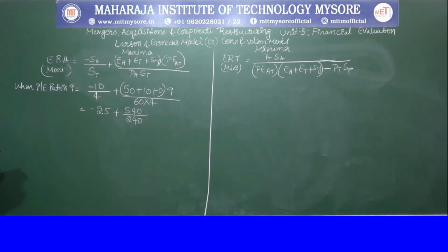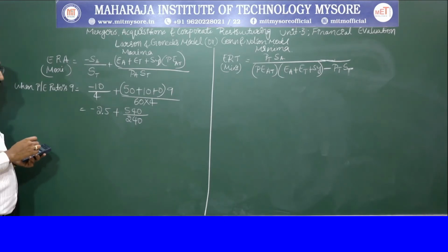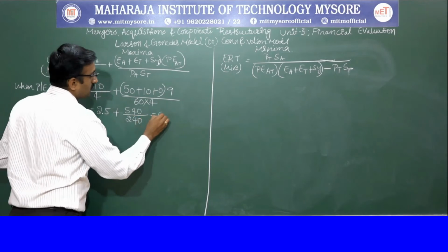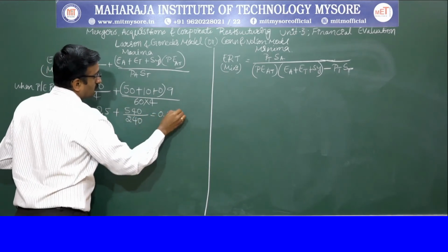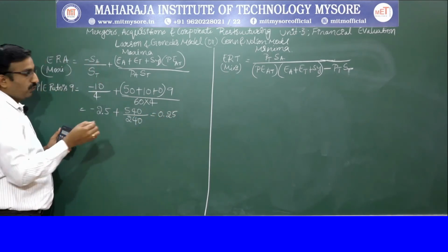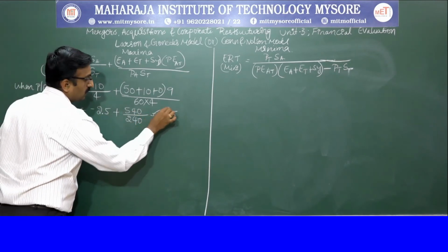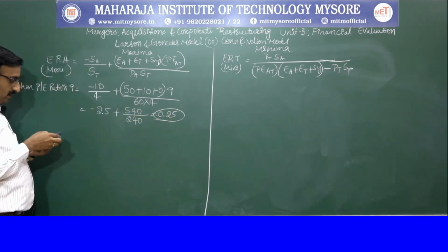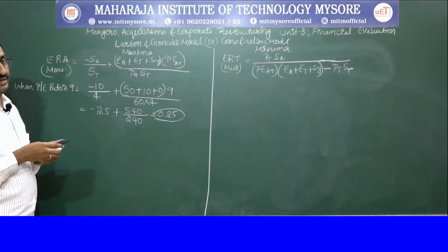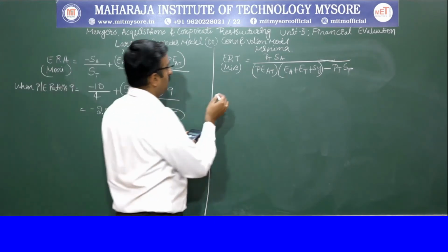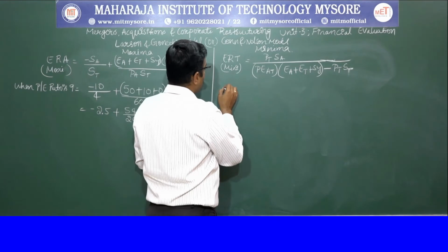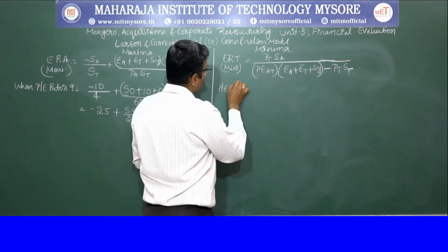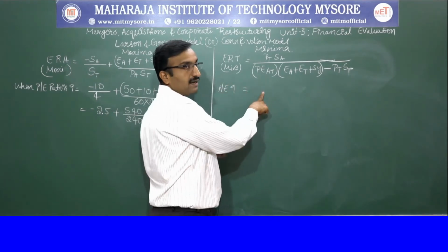So find out how much you will get. You will get 0.25. It is minus value, minus 0.25. Same thing you go to mini, when PE is 9 times, calculate the P of T.